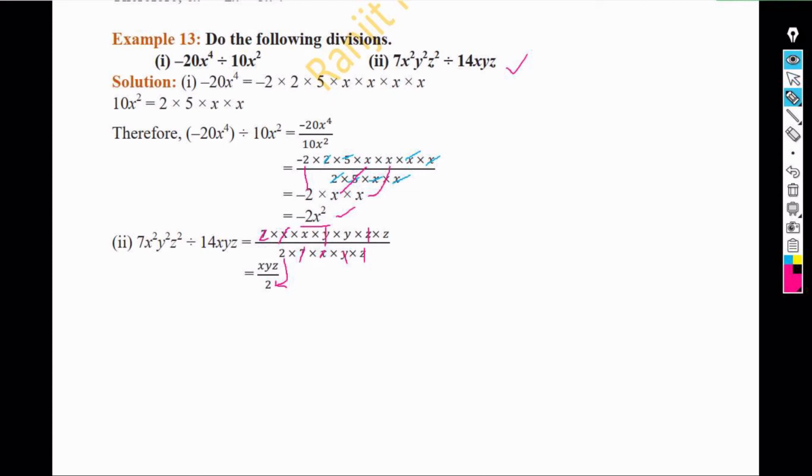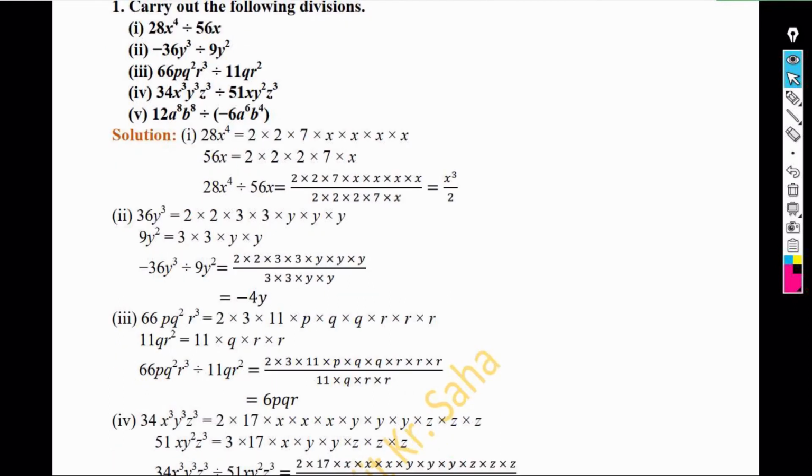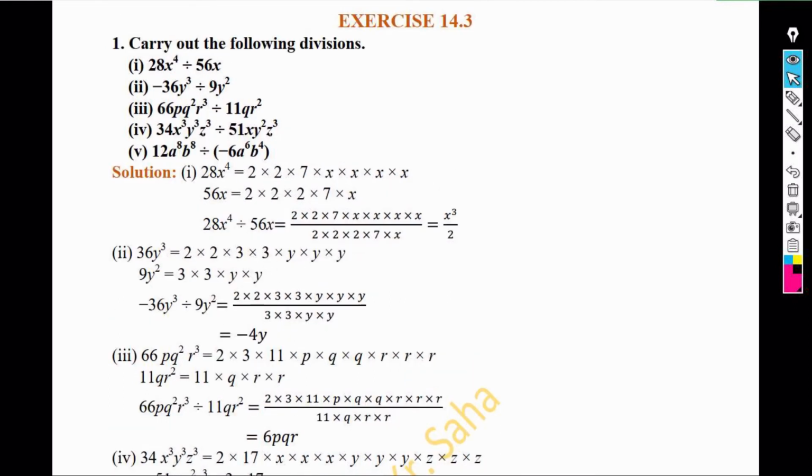Now let us see the questions of the exercise of this form. That means when a monomial is divided by a monomial. Now here 28x to the power 4, we can say 28x to the power 4 equals 2 into 2 into 7 into x into x into x into x, and 56x is 2 into 2 into 2 into 7 into x.